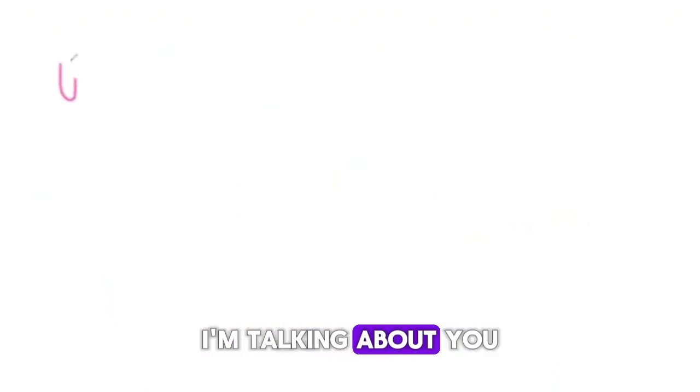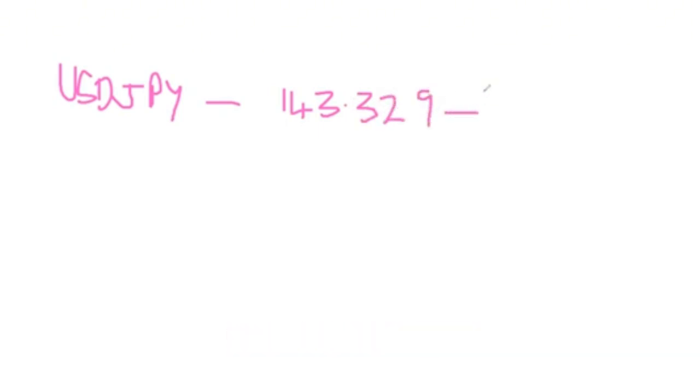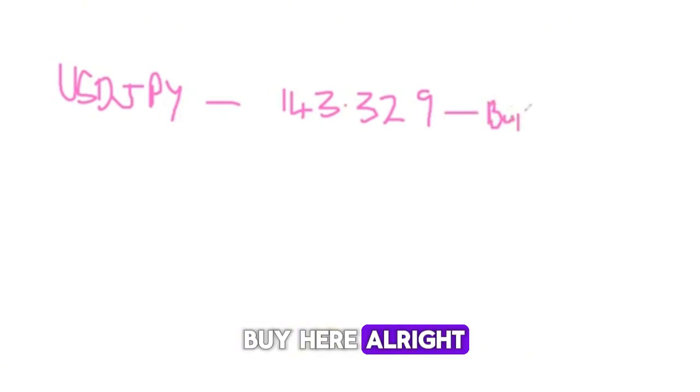I'm talking about USD JPY. Now, if we bought at 143.329, this is the buying price. We buy here. All right.